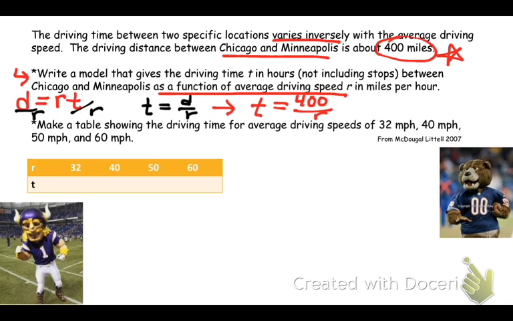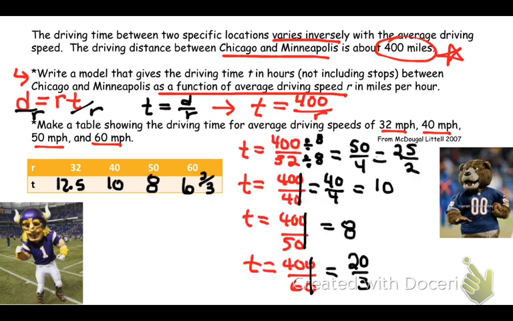So in the next part, it gives us 32 miles per hour, 40, 50, and 60, and we just need to substitute these values into our t equals 400 over r and calculate the time. Okay, so on the right-hand side, I showed my work. I just substituted in the 32, the 40, the 50, and the 60 to get my answers, and I put them in the table.